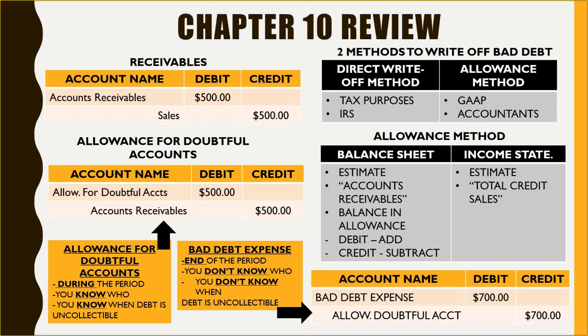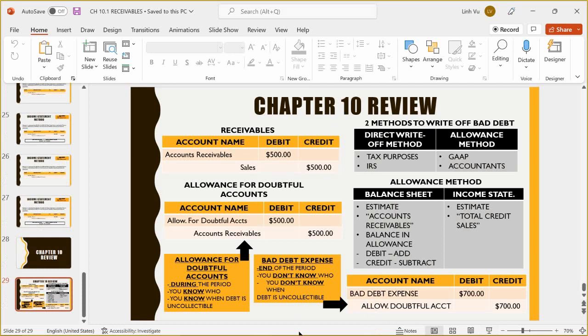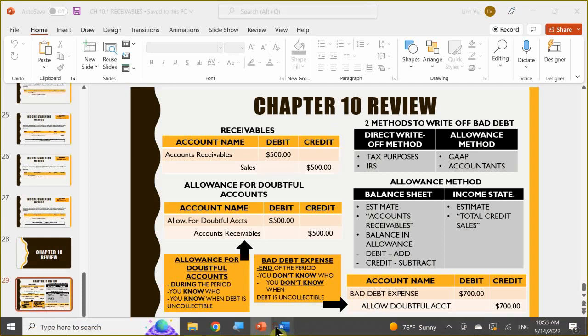You can only choose one. This is the journal entry: debit bad debt expense and credit the allowance for doubtful accounts. Any questions in regards to chapter 10.1 receivables? No.